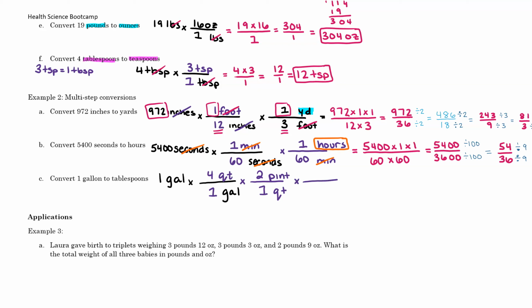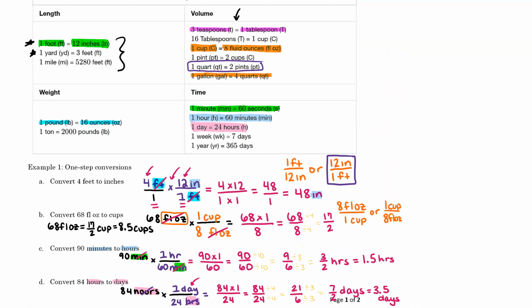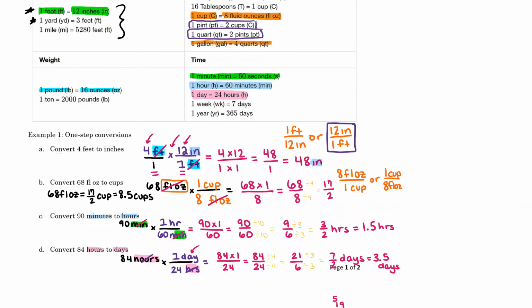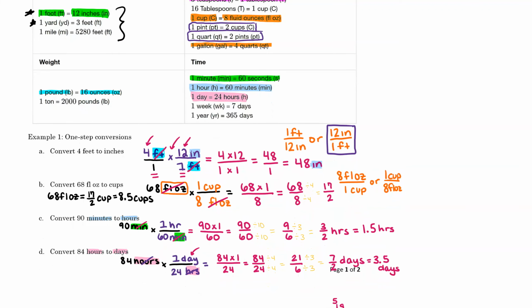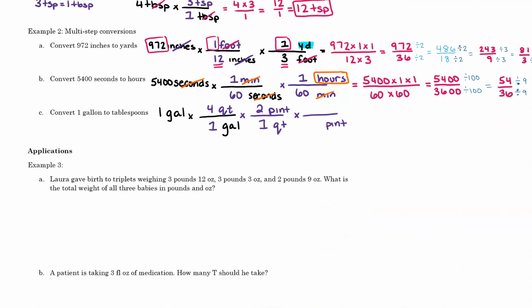But still, pints is not what I want, so I need to kill it by putting it on the bottom of a conversion factor. So let's see. Oh, hey, pints. 1 pint is 2 cups.